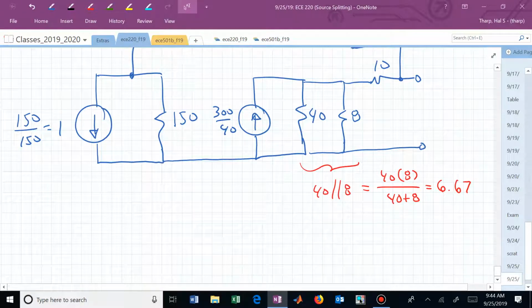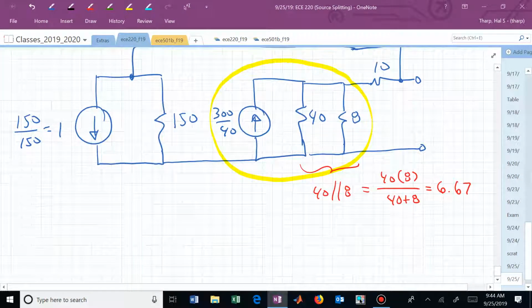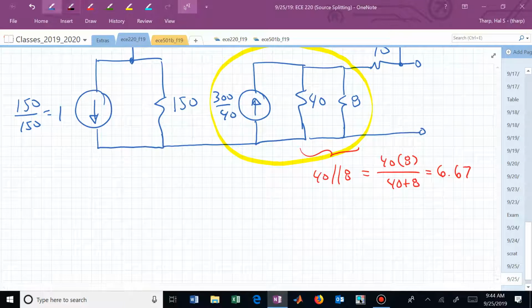And I can now convert this back into a Thevenin. And what will that look like?